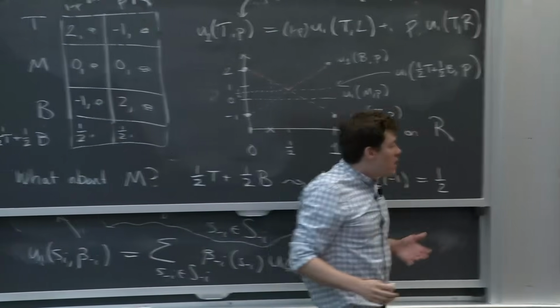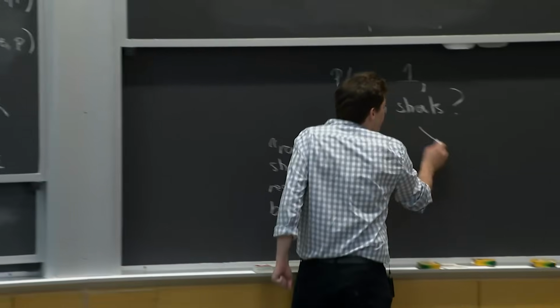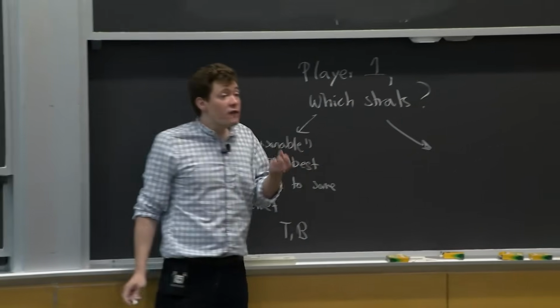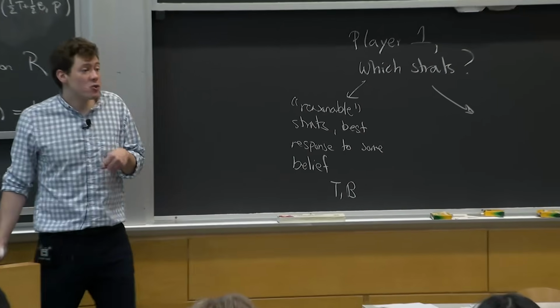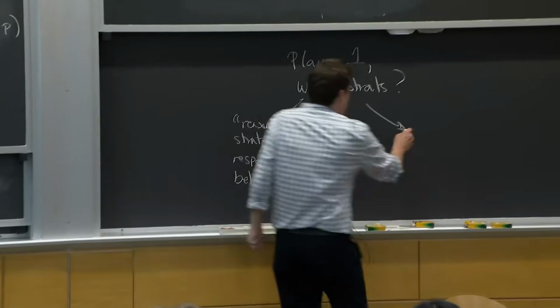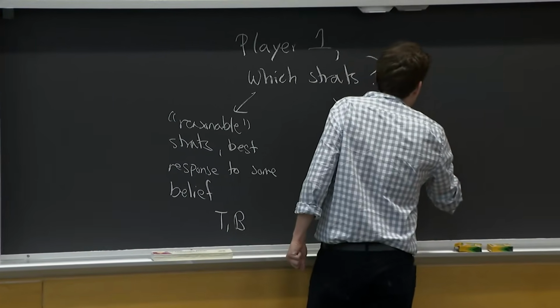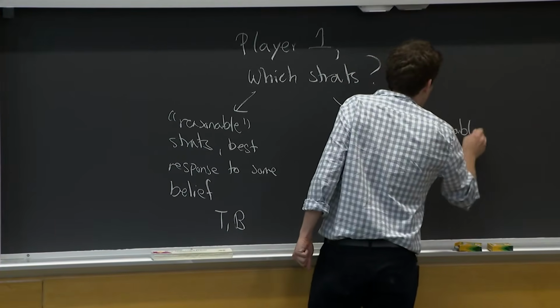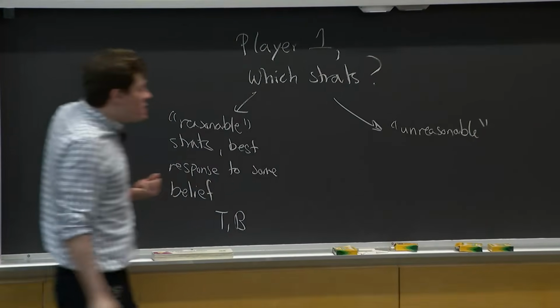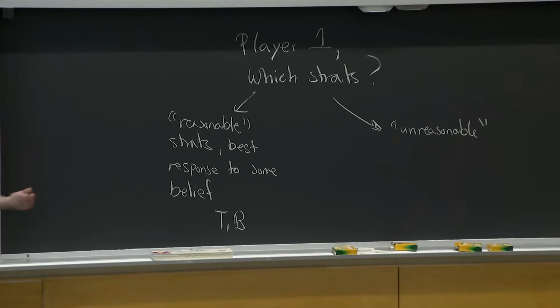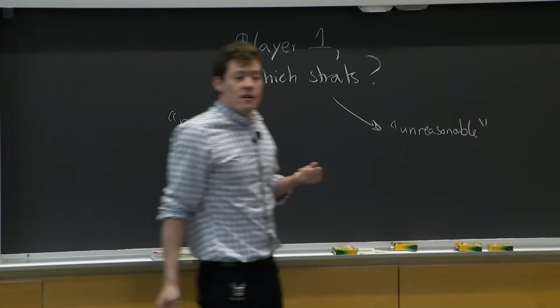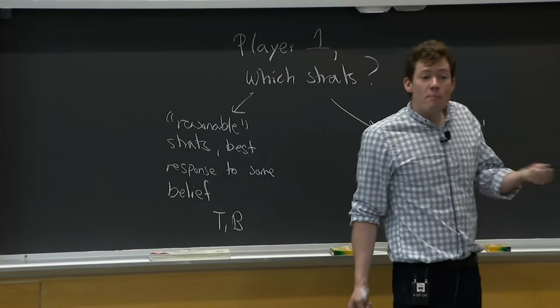Another way you could approach it, though, is instead of looking for what you should do, you could try to look for what you don't want to do and avoid that. So I could say, what are the unreasonable strategies? And by an unreasonable strategy, I mean a strategy that's strictly dominated by some other strategy, possibly mixed.